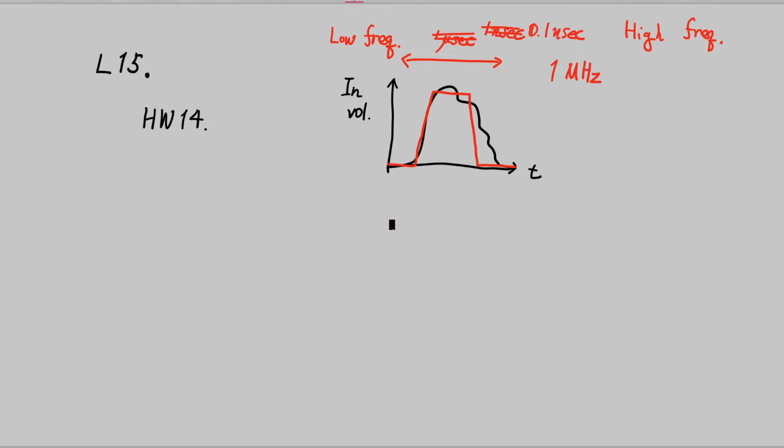However, I want to emphasize one more thing. Even at low frequency like 1 megahertz, sometimes we need a certain quantity. Think about this case, a really practical case we are working with. Think about a DRAM. You have a DRAM and you want to calculate the capacitance inside the DRAM cell.